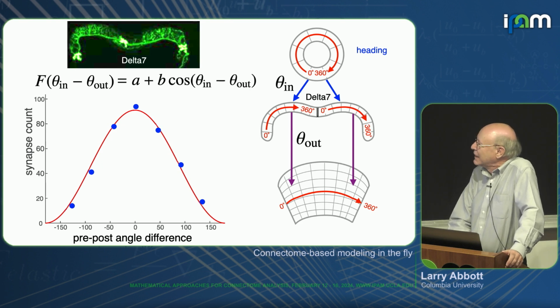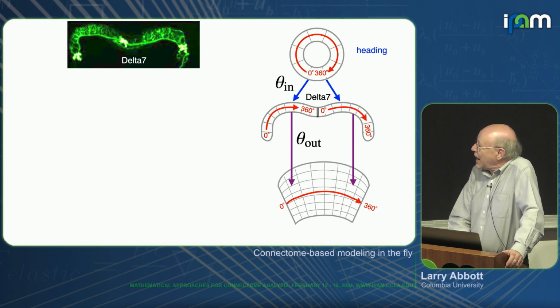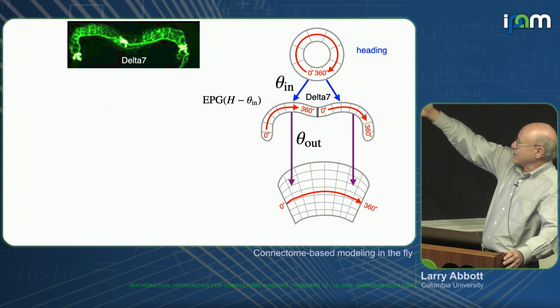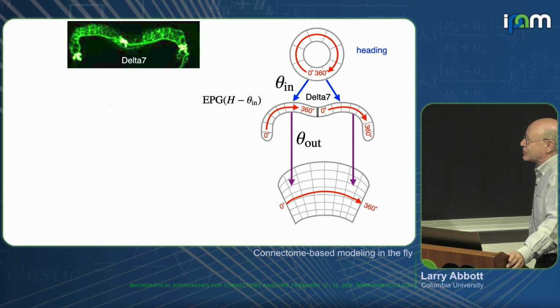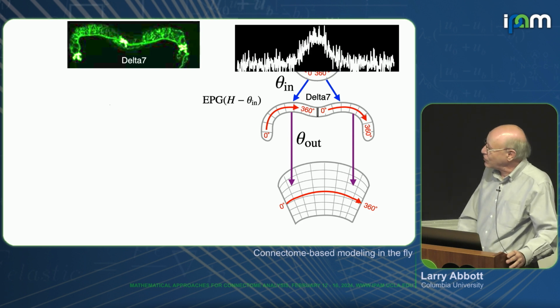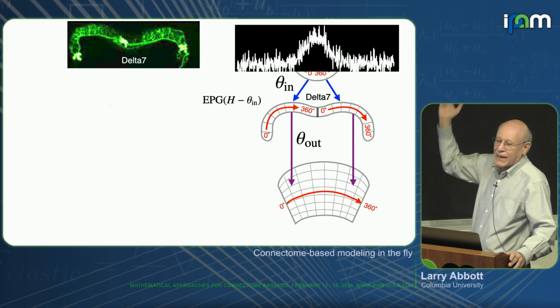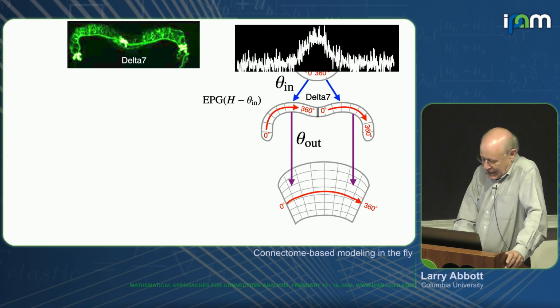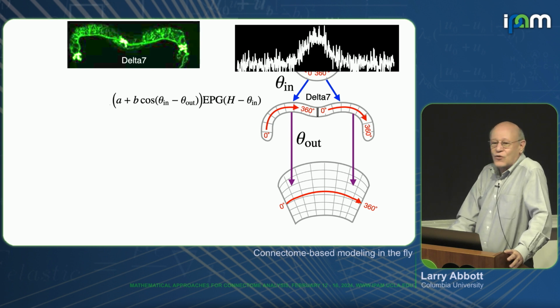Let me explain why. The idea is you start with an EPG signal. That's the compass neurons, the bump that signals heading. And you pass it through this, so it might look like that. I just made it a random shape and noisy. And you pass it through this filter.